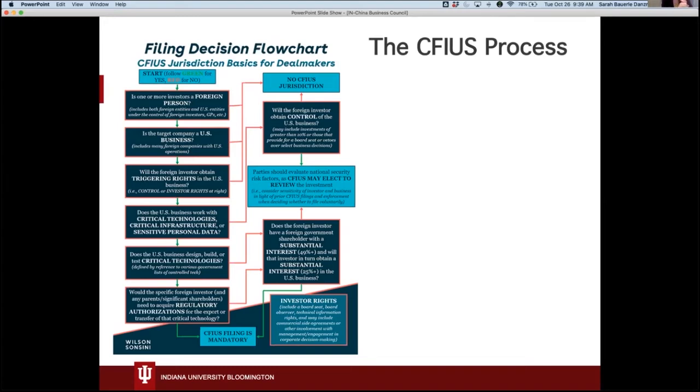And so once you determine if you're covered and if you have an obligation to file, then you just know that you need to file.